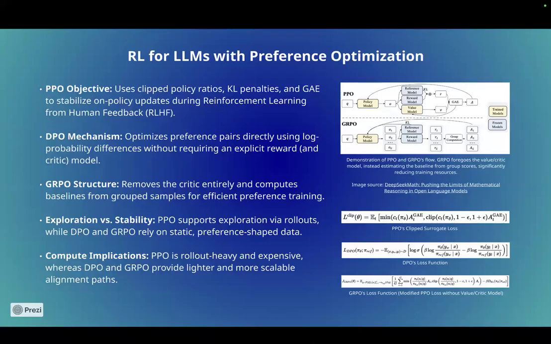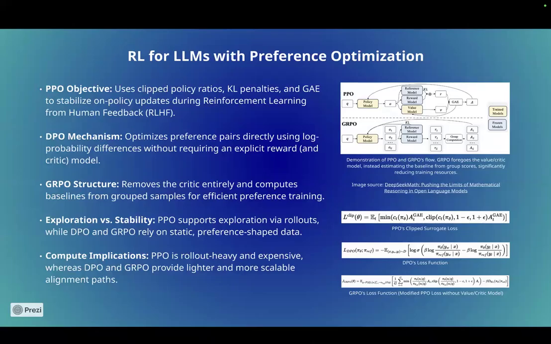GRPO is yet another proposal that came out last year in November or so from DeepSeek Math. It obviates the need for a critic entirely, and says instead of using a critic, why not just compute baselines based on group normalization of different sampled outputs from an LLM, by sweeping things like the temperature for a given prompt.